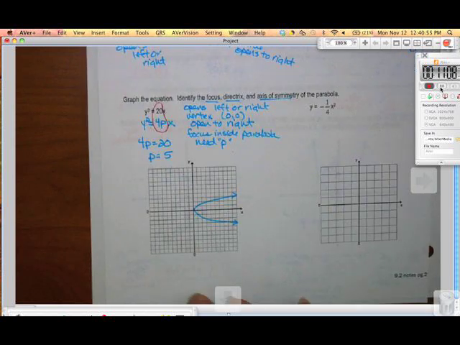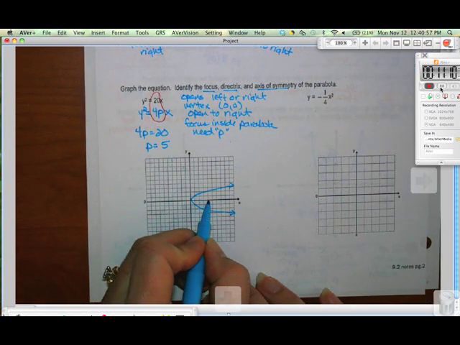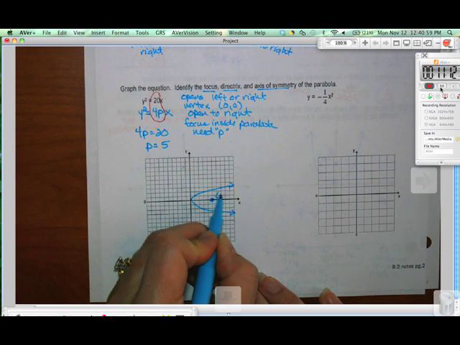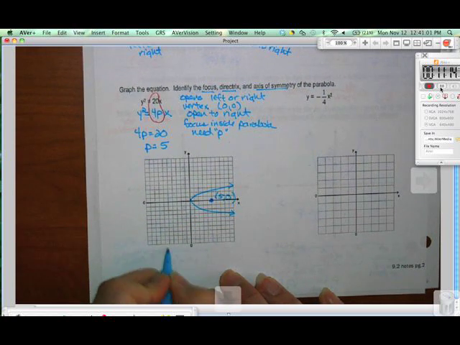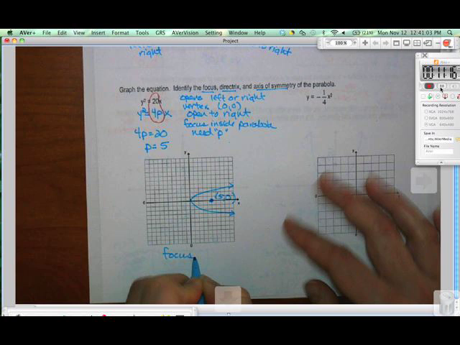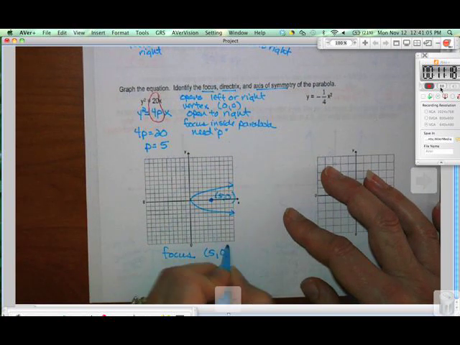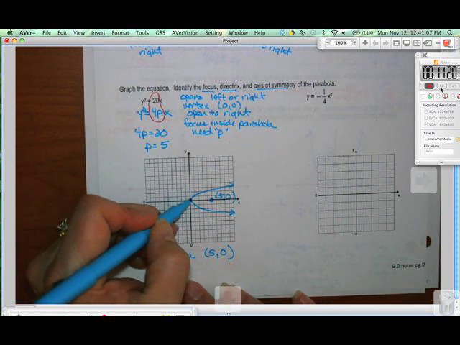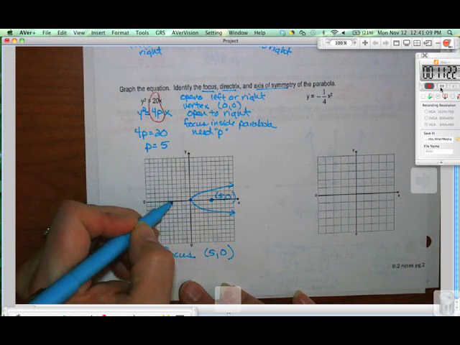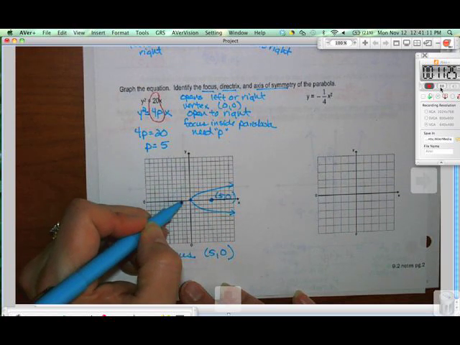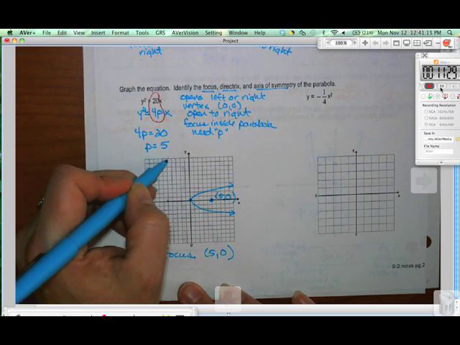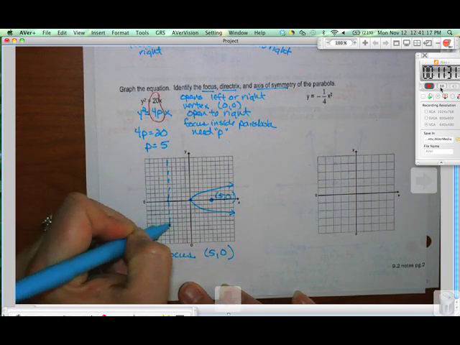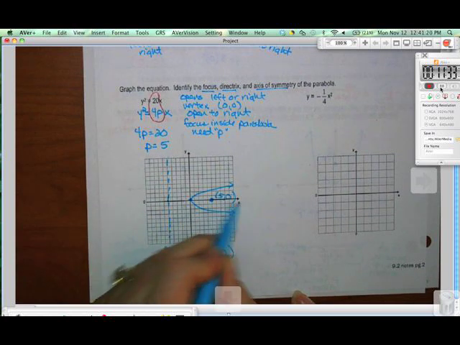Oh, so now I can go ahead and graph the focus. Isn't that nifty? Right here, (5, 0). So my focus is (5, 0). I know the directrix is exactly opposite the vertex. 1, 2, 3, 4, 5. And it's a vertical line because it has to be perpendicular to the axis of symmetry.